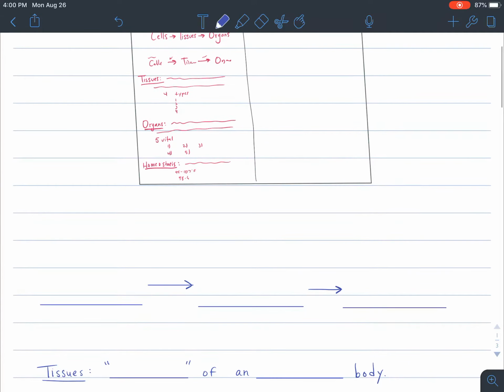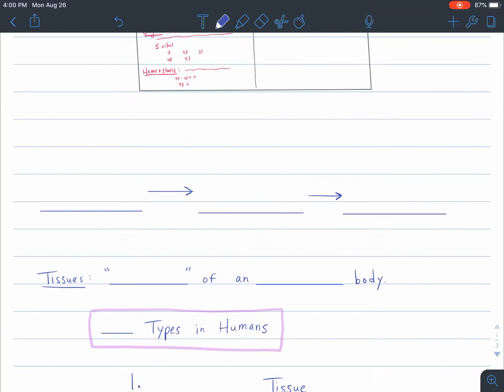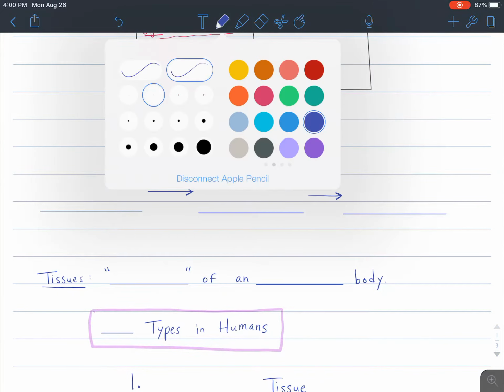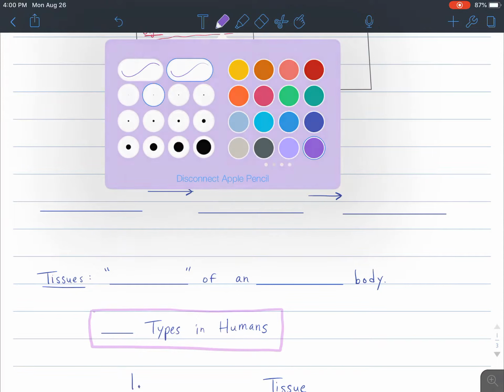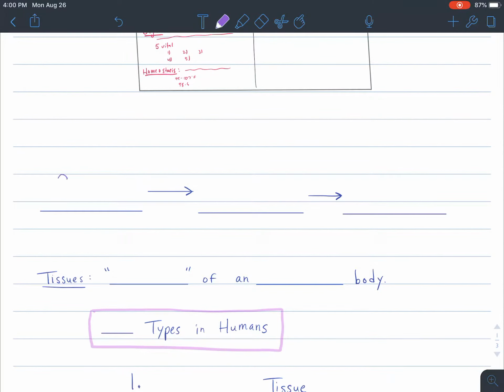All right, so to begin, you can probably guess what's going to go in these three blanks here. We're going to begin by looking at how cells are going to form. If we have a collection of cells, they form tissues. And you have to have tissues as like the fabric that then forms our organs.